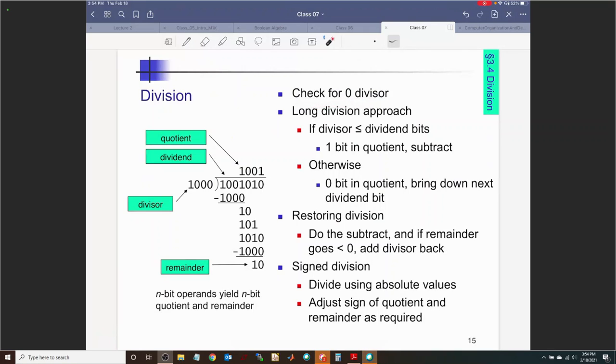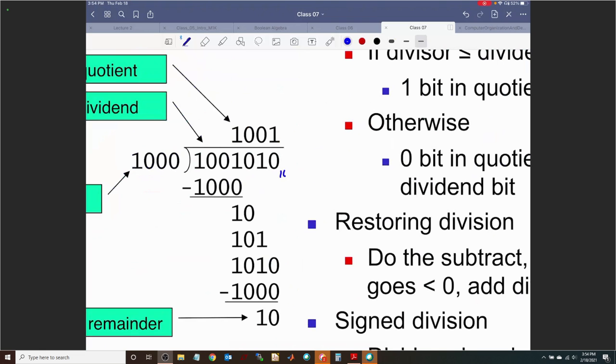So let's suppose we are doing 1000. That's our divisor, and we are dividing 1001010. That's our number. You can start thinking of it as a decimal number divided by a decimal number to get a decimal quotient and a decimal remainder.